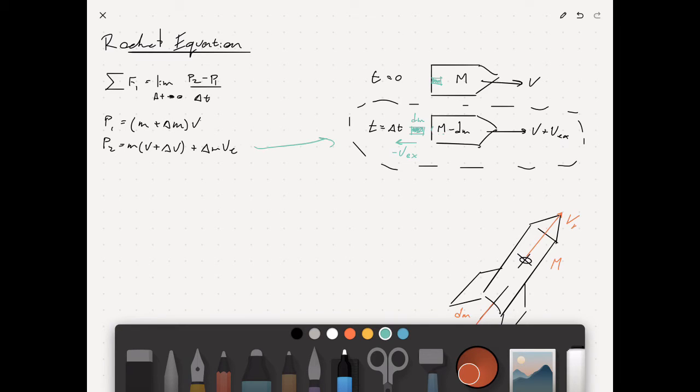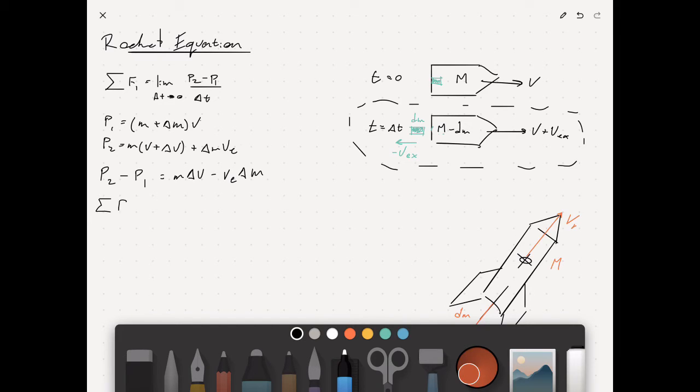And this equation works because of conservation of momentum. So we're going to rearrange this and rewrite it as the difference in momentum equals m delta v minus v exhaust delta m.